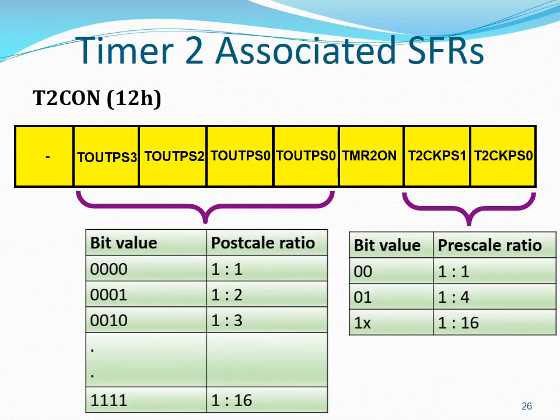The prescale and postscale ratios are defined according to the tables shown. For instance, if the postscale bits are set to 0010, the postscale ratio is 1 to 3. And if the prescale bits are set to 01, the prescale ratio is 1 to 4.